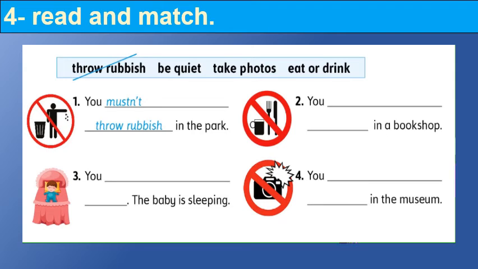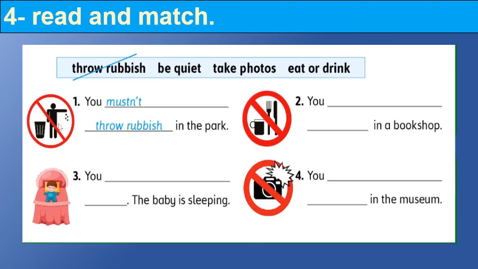All right, so let's do this exercise about must or mustn't. As you can see, we have phrases here. We have to put them in the correct space, or fill in the space. The first one has been done for you. To know whether to use must or mustn't, you have to look at the picture next to each sentence.